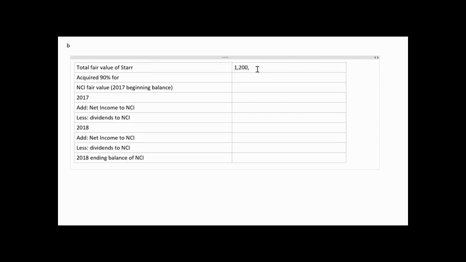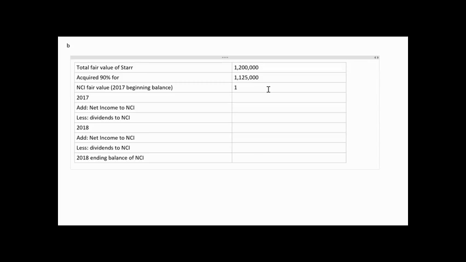1.2 million. The number is given directly, and Harrison acquired 90% in exchange for 1,125,000. So the remaining amount will be allocated to non-controlling interest.